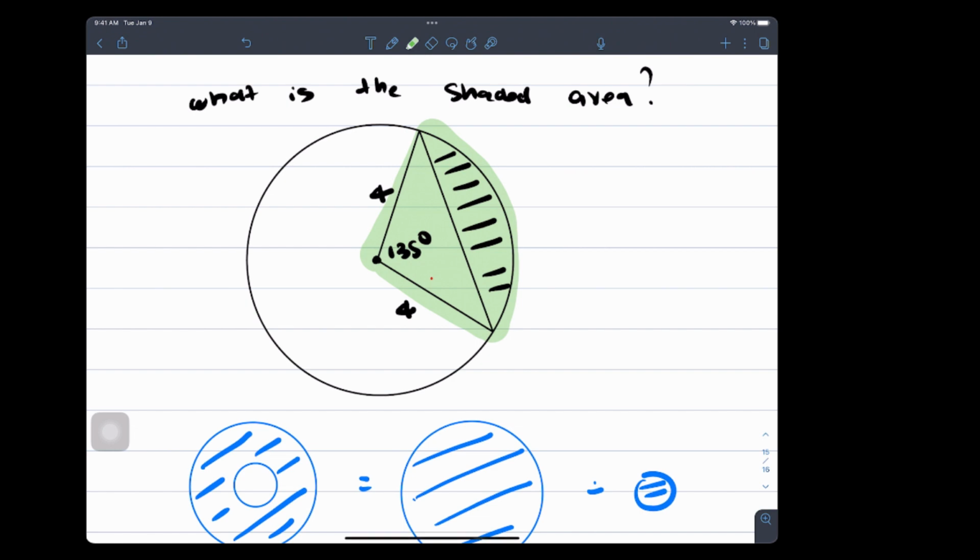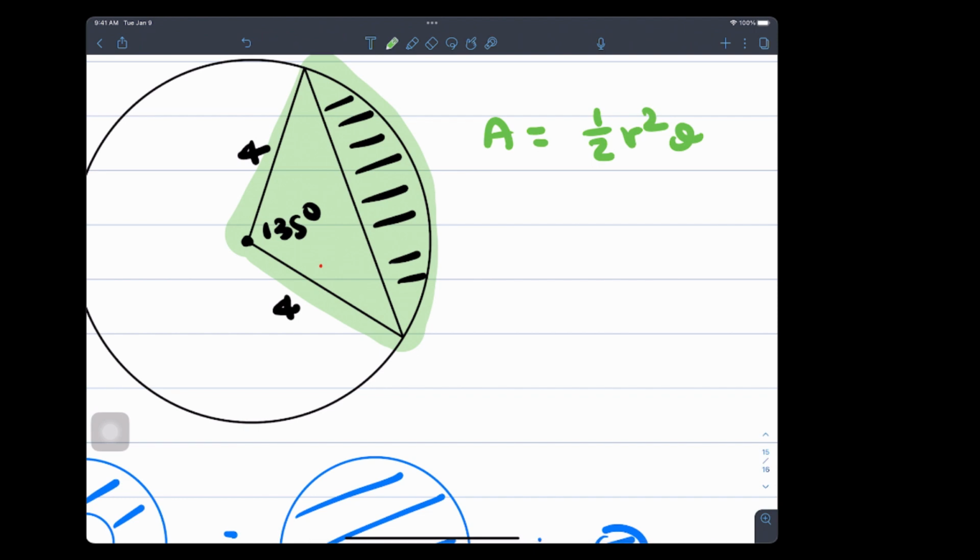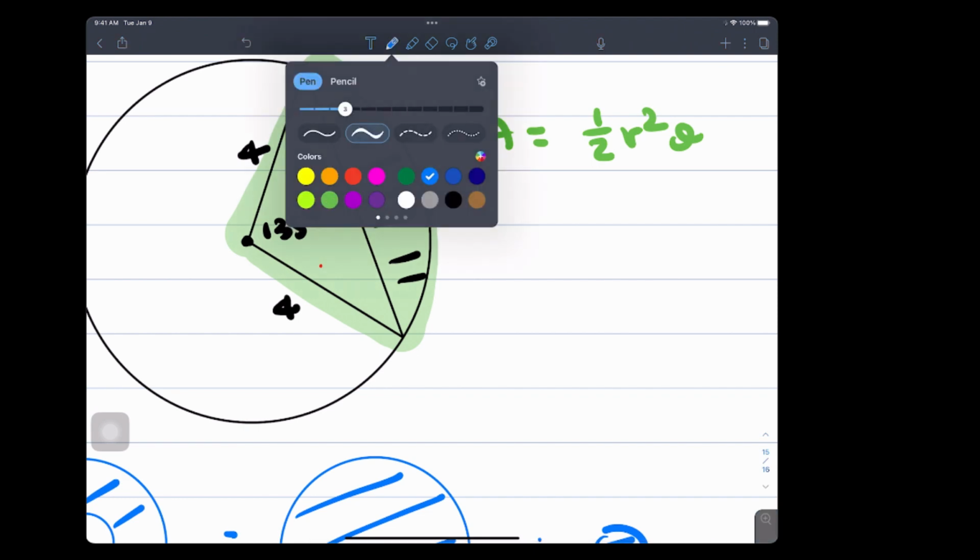Is that a sector? What's the area of a sector? Isn't that 1/2 r squared theta? In green? Is that true? So the area in green is what numerically?